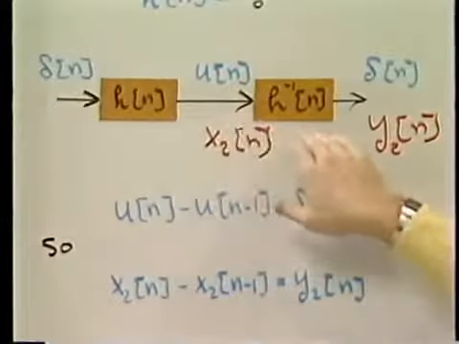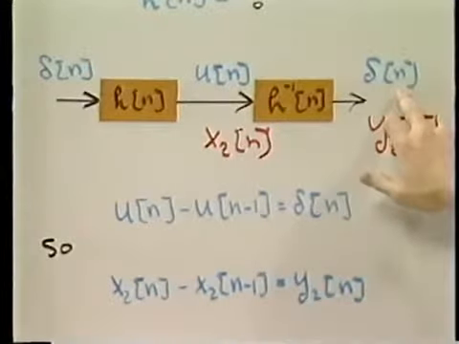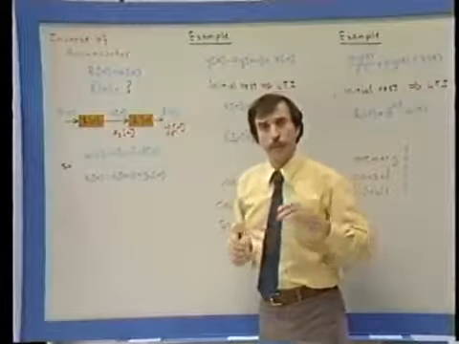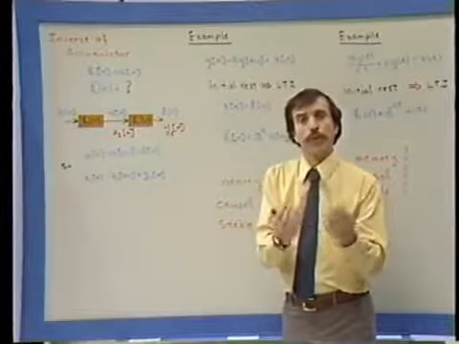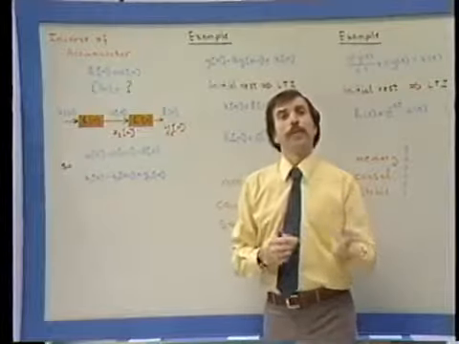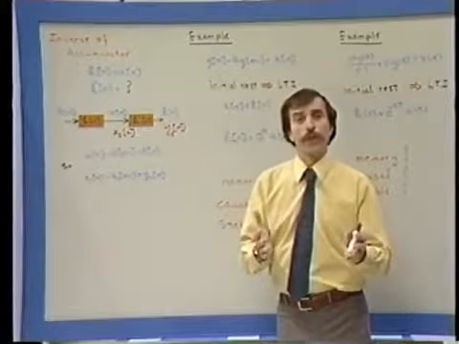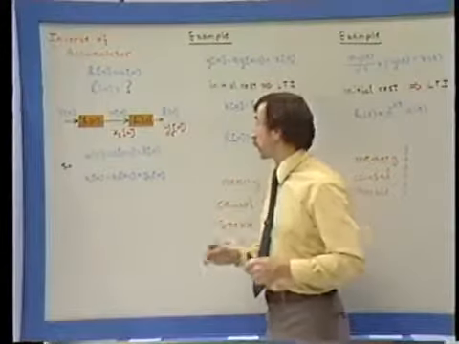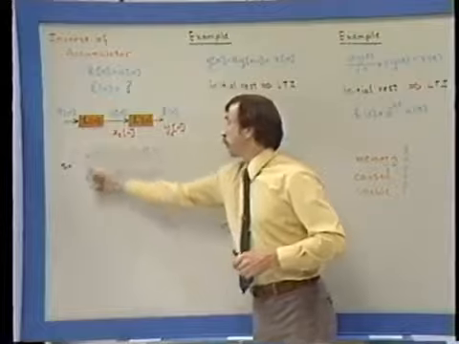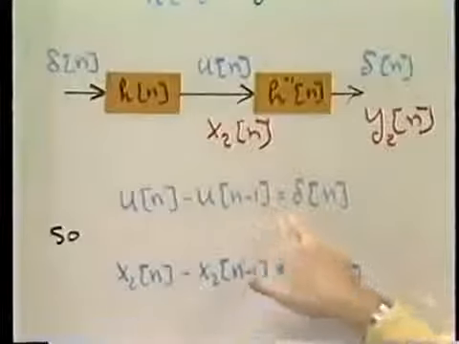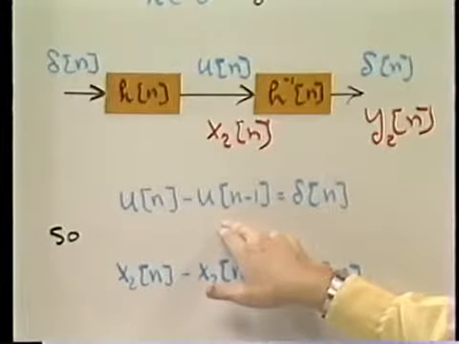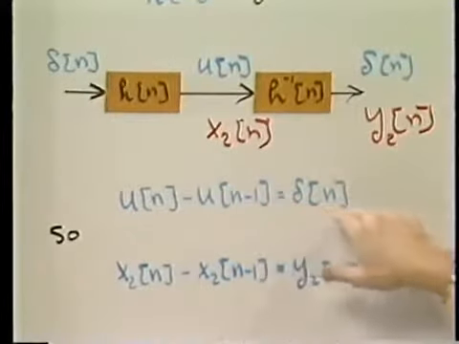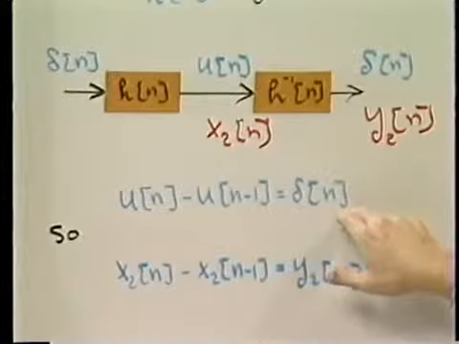We want to put the step into something and get out an impulse. And in fact, what you recall from the lecture in which we introduced steps and impulses, the impulse is the first difference of the unit step. So we have a difference equation that describes for us how the impulse is related to the step. And so if this system does this, the output will be that, an impulse.